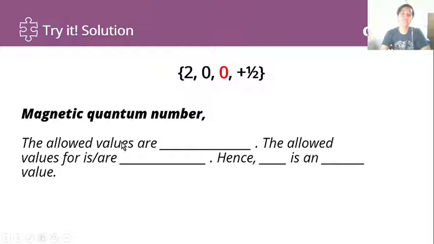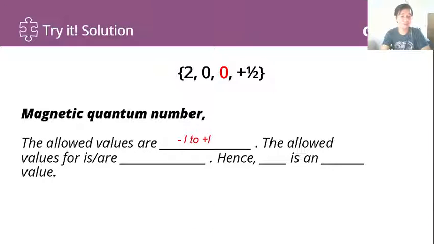Next, let's go to the third number, which is the magnetic quantum number. What are the allowed values for the magnetic quantum number?